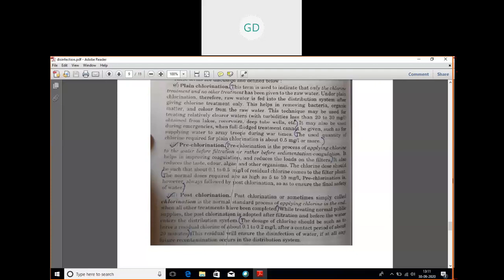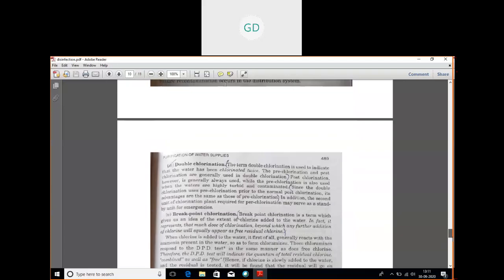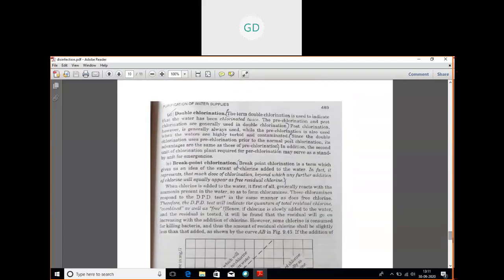Okay, so next is double chlorination. Double chlorination is when pre-chlorination and post-chlorination are done together, or when the water is said to be chlorinated twice. That is known as double chlorination.